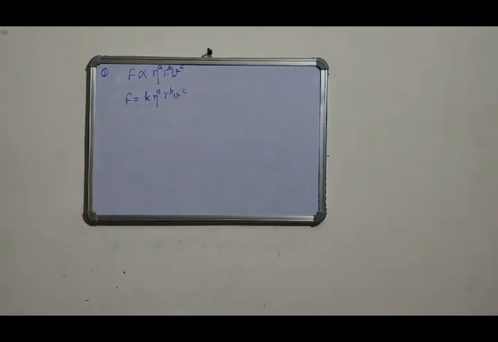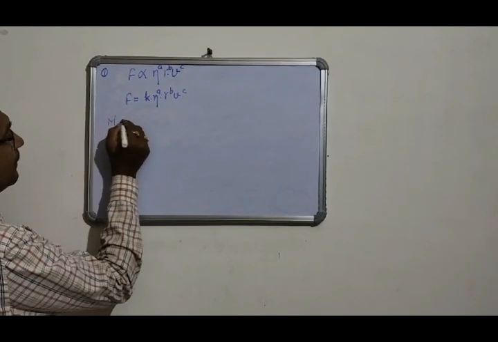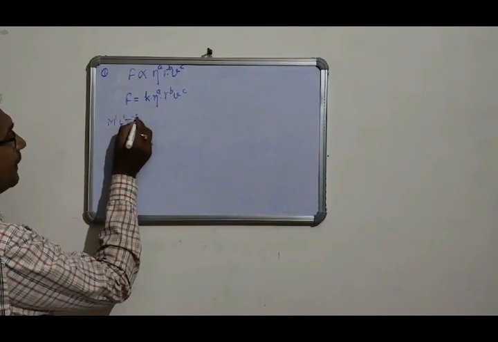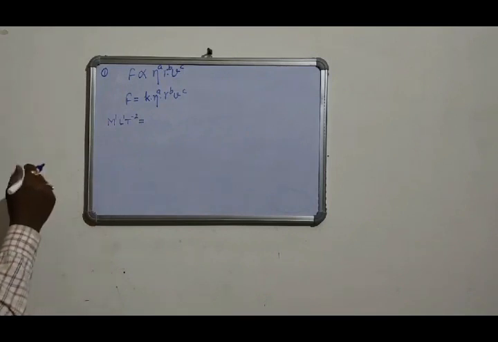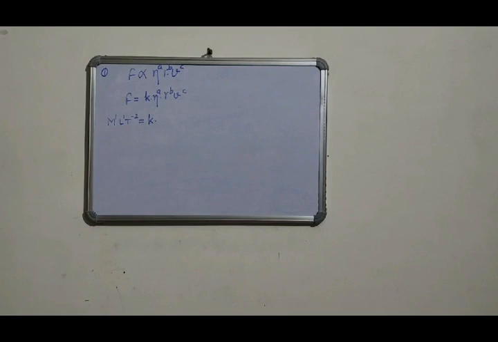F is the viscous force, and the dimensional formula of force is M1 L1 T^-2. K is a numerical constant, so it has no dimensional formula. Eta is the coefficient of viscosity.